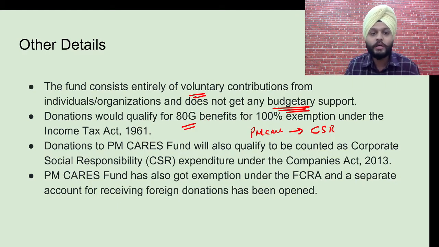But in the case of PM Cares Fund, given the nature of the crisis, the exemption has been given under the FCRA, and a separate account for receiving foreign donations has been opened.